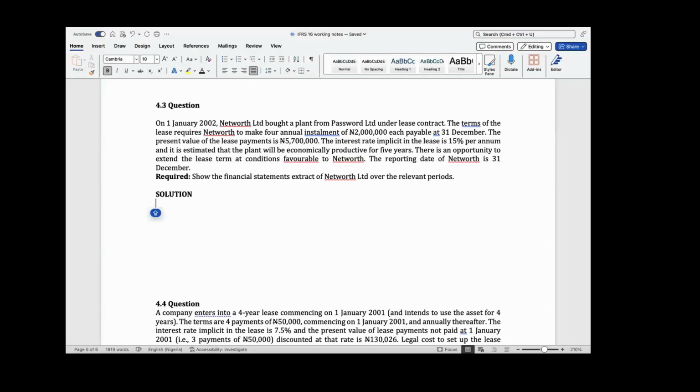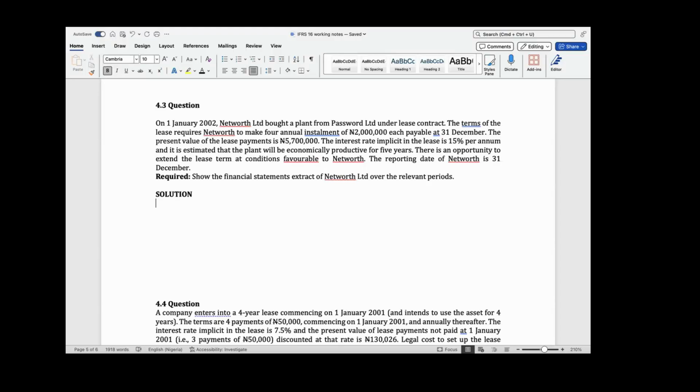The interest rate implicit in the lease is 15% per annum, and it is estimated that the plant will be economically productive for 5 years. There is an opportunity to extend the lease term at conditions favorable to Networth. The reporting date of Networth is 31st of December. Required: show the financial statement extract of Networth Limited over the relevant period.